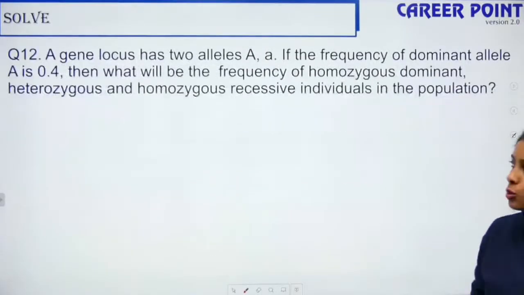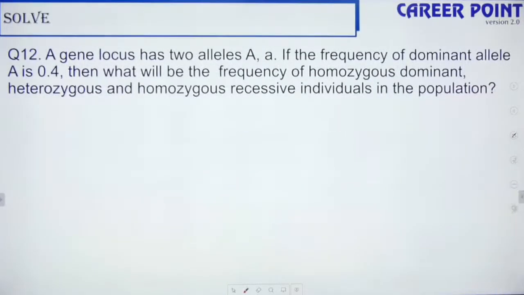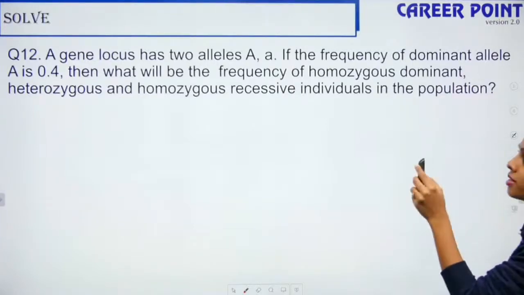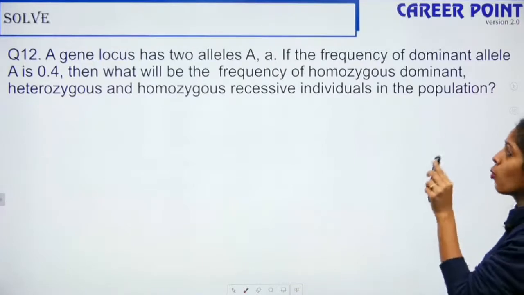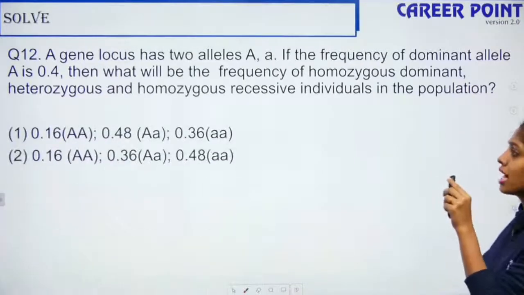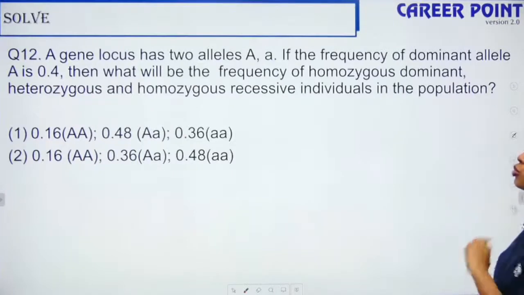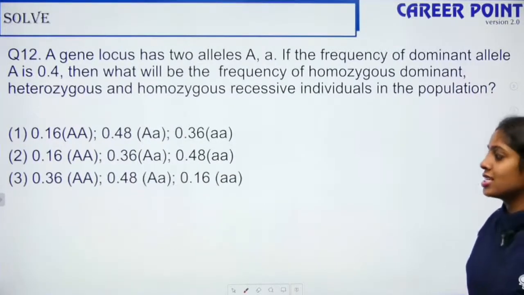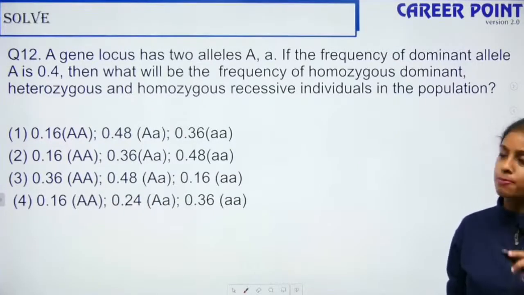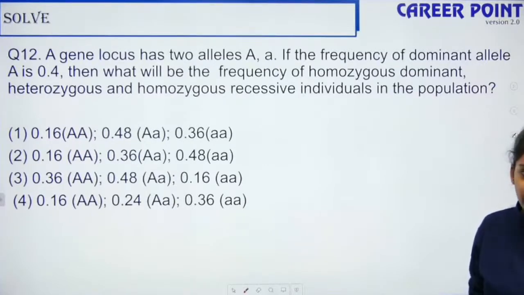So question 12: a gene locus has two alleles, capital A and small a. If the frequency of the dominant allele is 0.4, then what will be the frequency of the homozygous dominant, heterozygous and homozygous recessive individuals in a population? So this is based on your Hardy-Weinberg principle, once again from the chapter evolution.